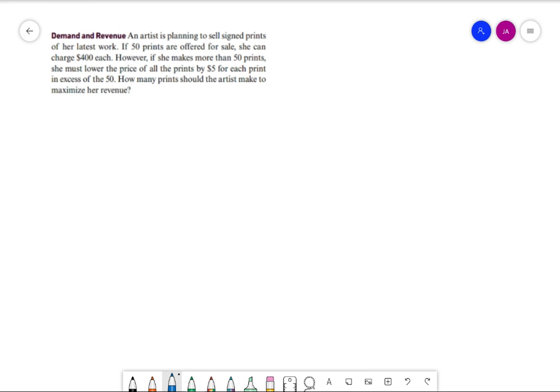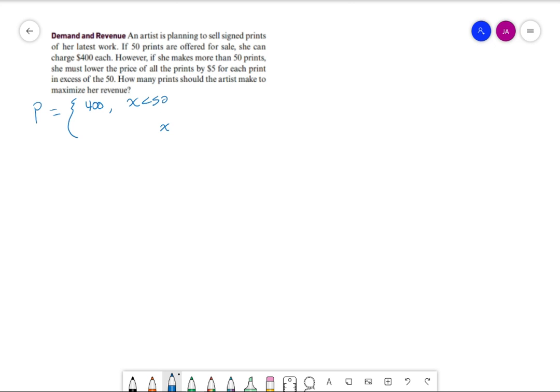So let's think about this for a moment. The situation calls for a piecewise defined function, and so if we're thinking about our demand curve, we know that this artist is going to charge $400 per print if the number of prints that she makes is less than 50. But on the other side of that, it says that she's going to have to drop the price if she makes more than 50.